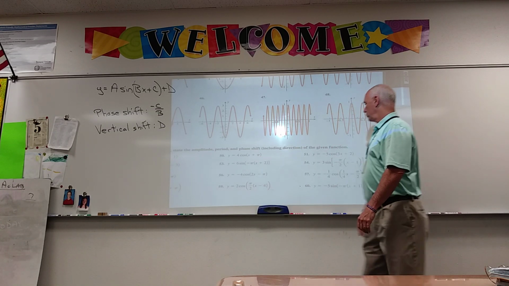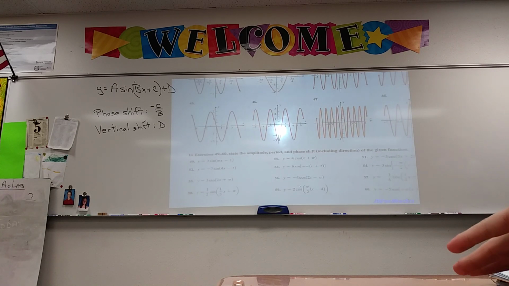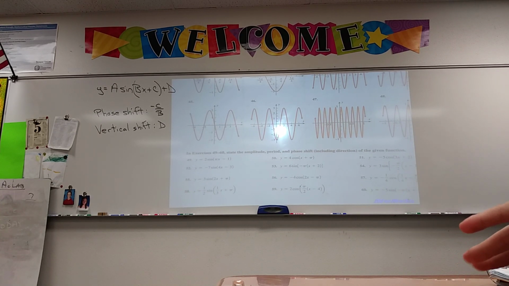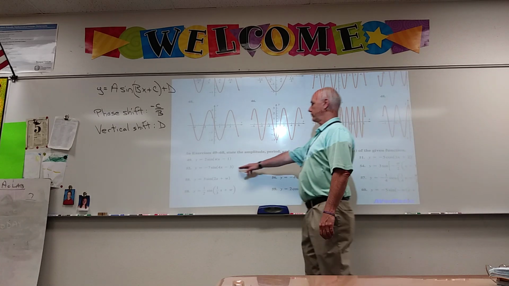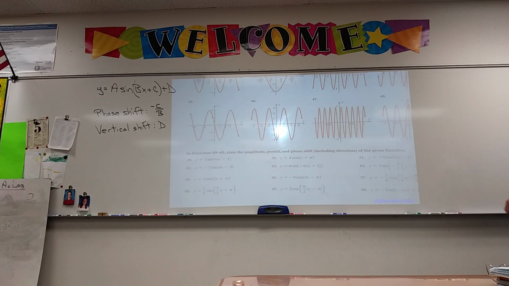Okay? So let's say that we are taking a look at, well, let's do 52. It's over here. So they want the amplitude, the period, and the phase shift. So in number 52, what is the amplitude? Be careful.